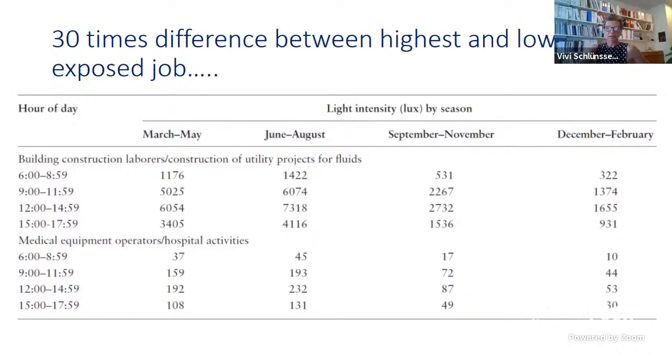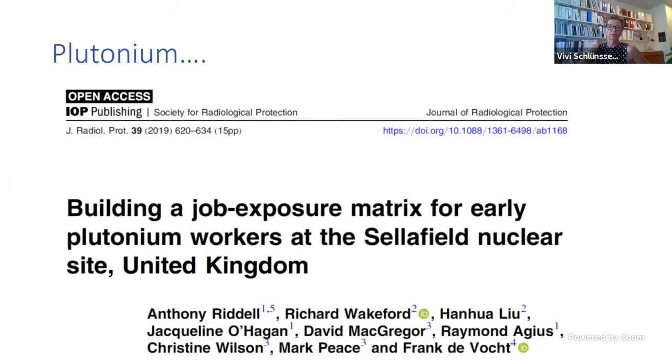The second exotic exposure is plutonium. I think nuclear workers are very tightly monitored. For this cohort, they have access to nearly 500,000 urine analyses for plutonium. But they want to go further and make epi studies, and they didn't have quantitative measurements for the very early period.